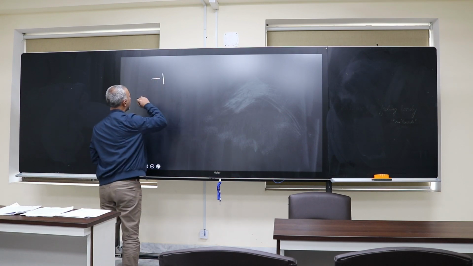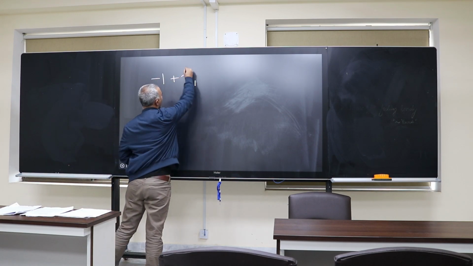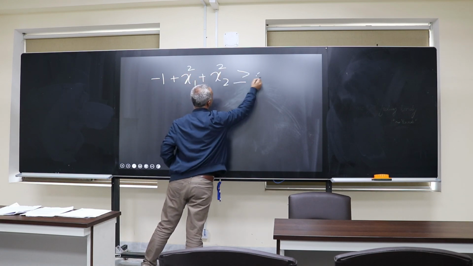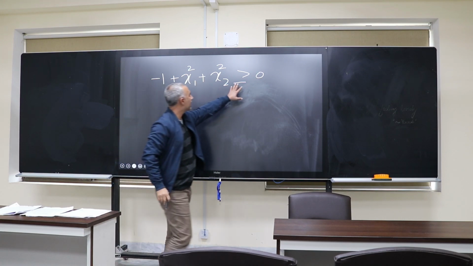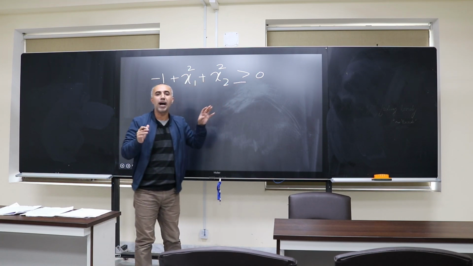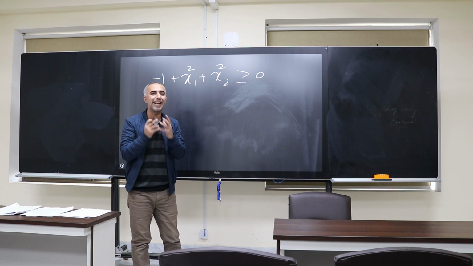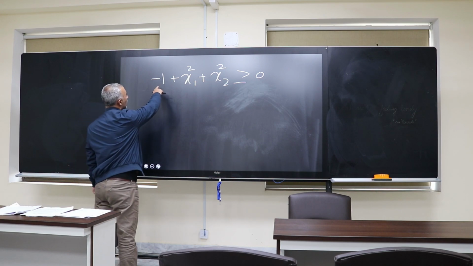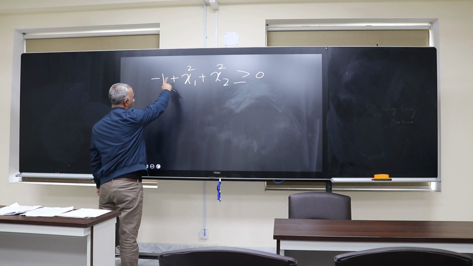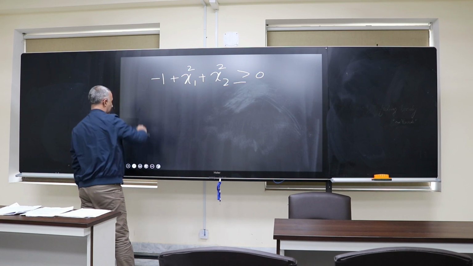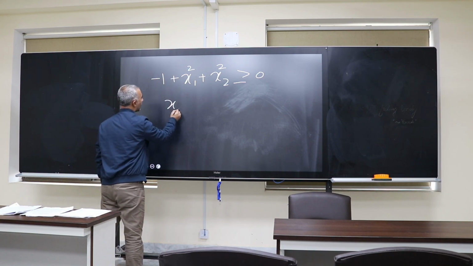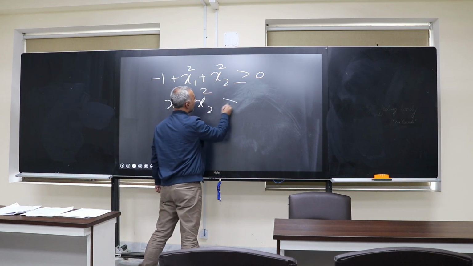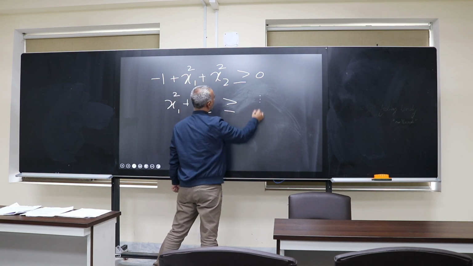Let me rewrite again: x1 square plus x2 square greater than 0, because we are predicting y equal to 1, the dangerous or malignant case of the tumor. So we need to consider this on the opposite side. So this one x1 square plus x2 square, and here it becomes 1.